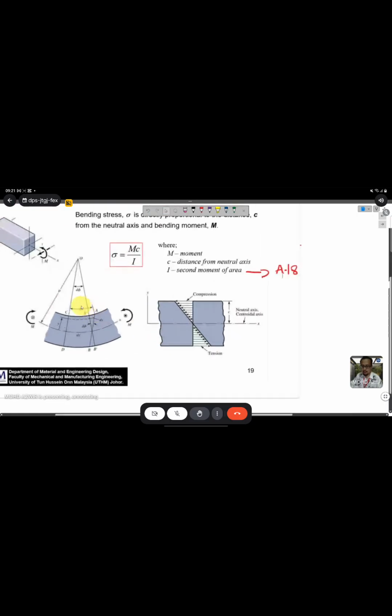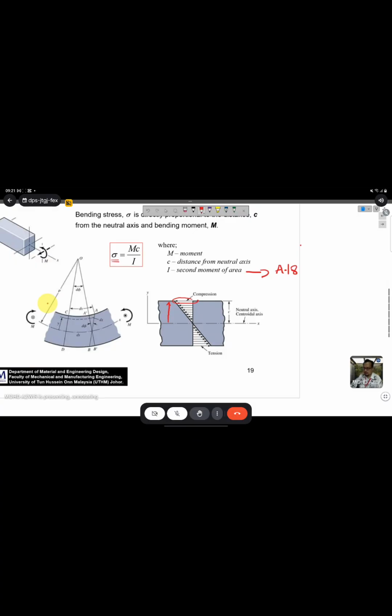okay, so the maximum value of normal stress always happens at the outer, as I mentioned before. You can see if the c is larger here, then you will get your maximum stress. That's why maximum stress always happens at the outer.